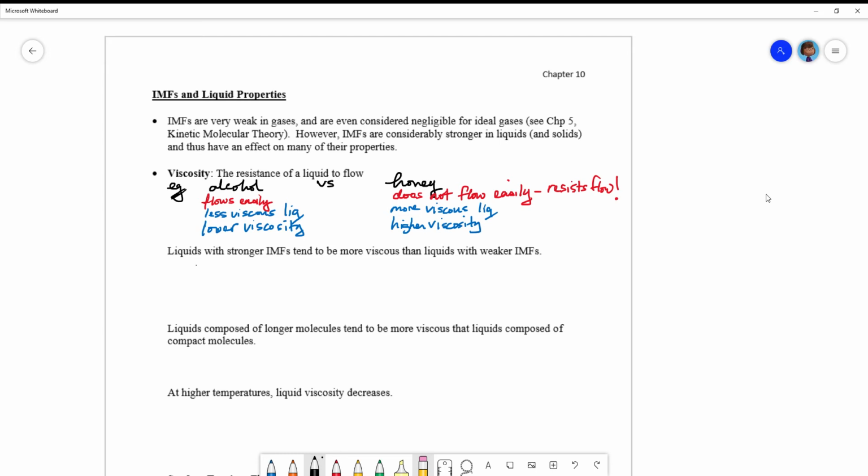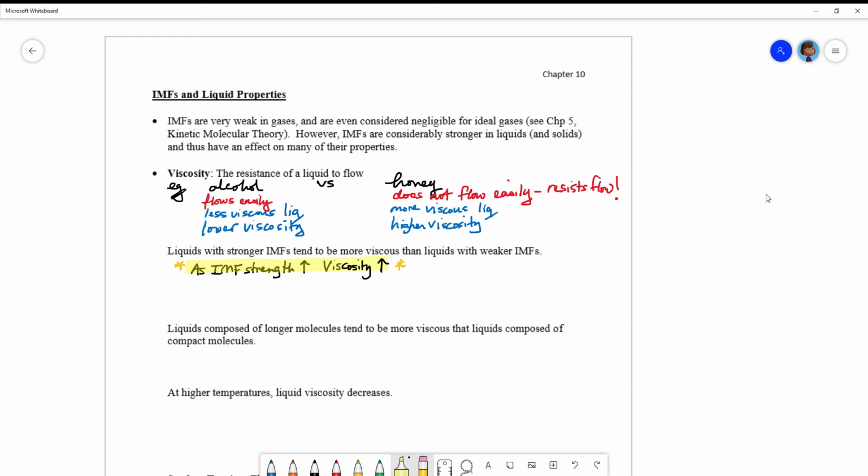In other words, as IMF strength goes up, what happens to viscosity? It also goes up. Viscosity also goes up. And you know what I'm going to do? I'm going to put little stars around this relationship, very useful. And I'm going to highlight this relationship.